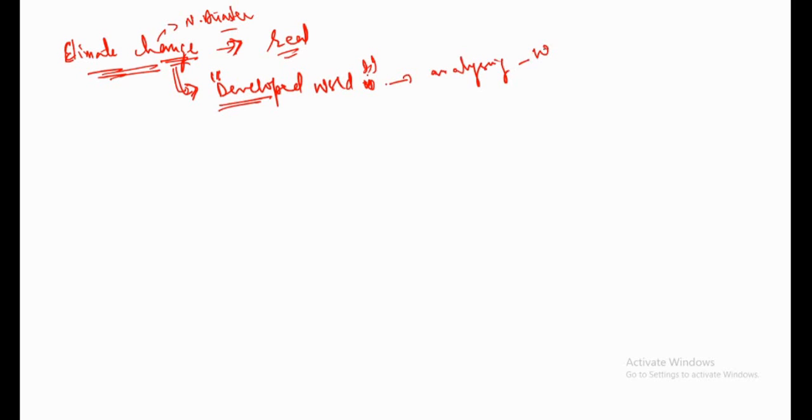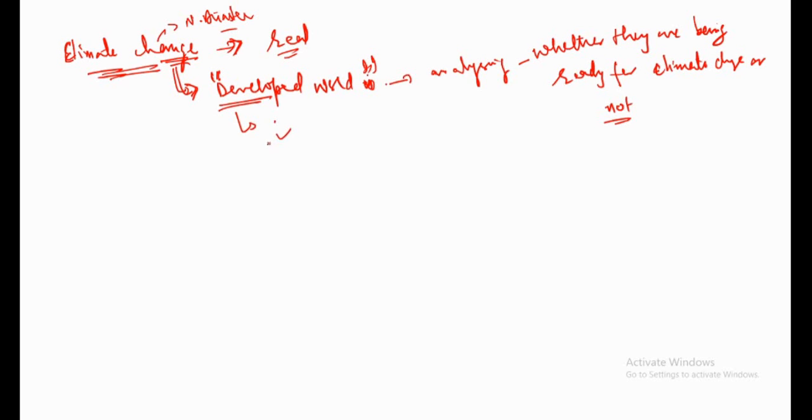Okay, analyzing whether they are being ready, pardon me for my handwriting, for climate change or not. So it is expected that they will put more effort in dealing with climate change.